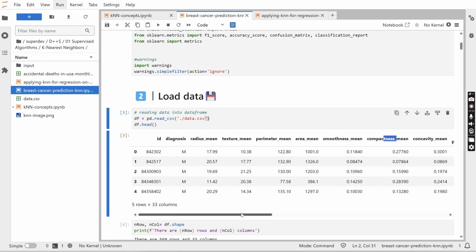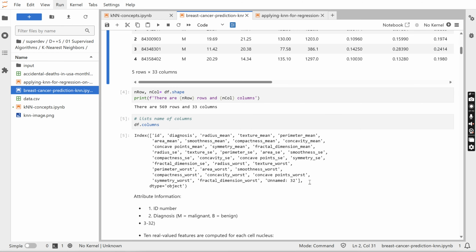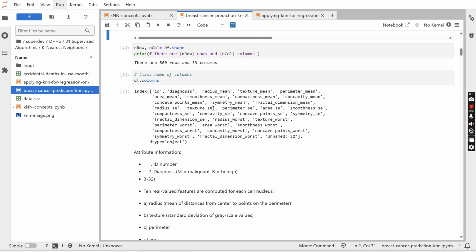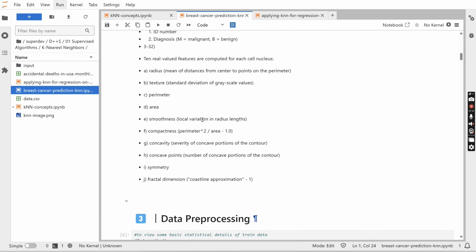And finally we have to classify whether the person has cancer or not. We have to diagnose. Okay, so basis on these, we have totally 569 rows and 33 columns. 33 columns is a big number, so we have to reduce that number, and we will see how we proceed.